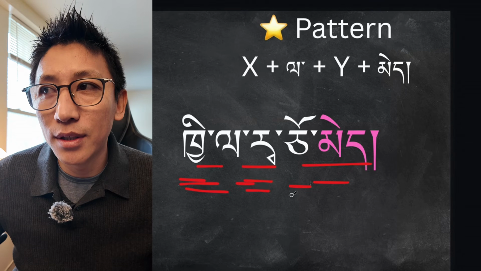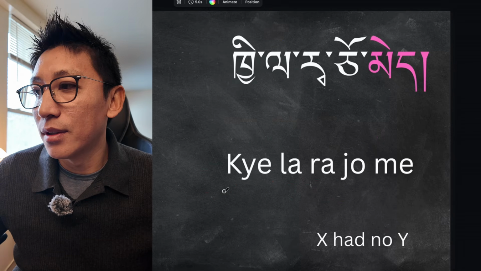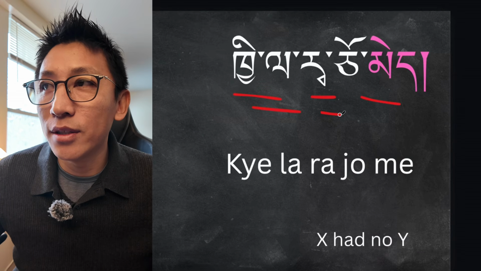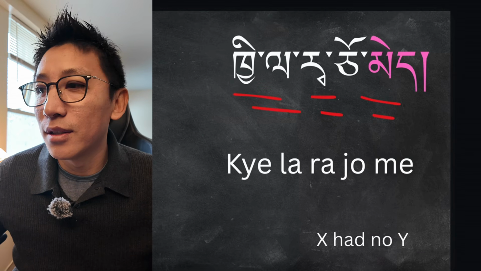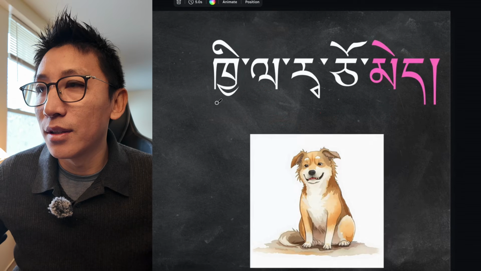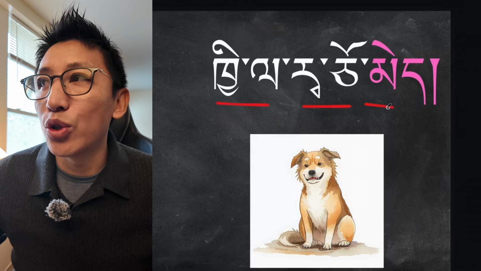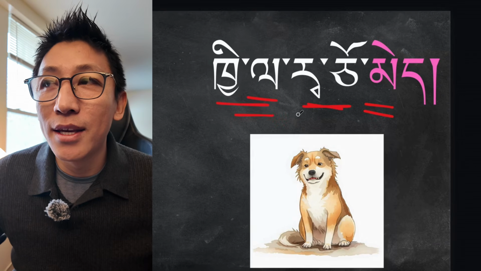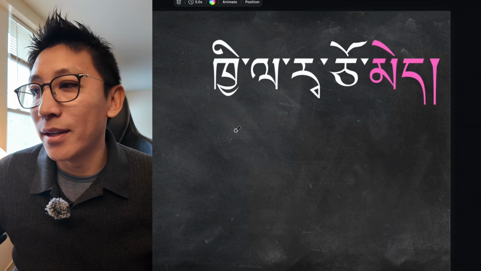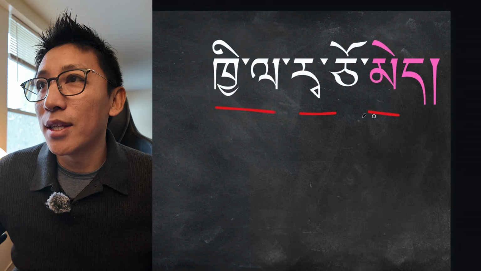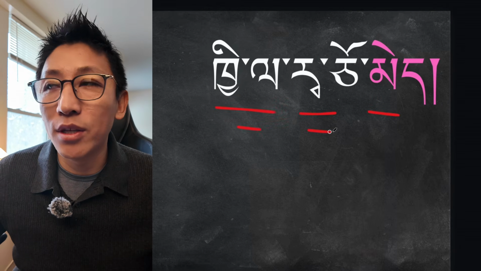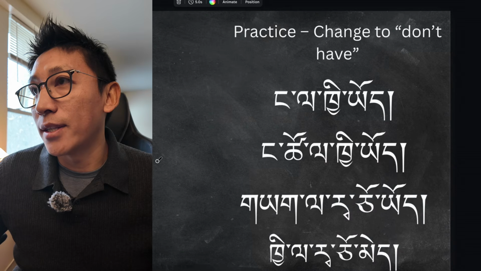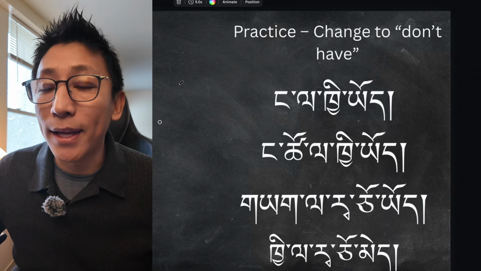Now it's your turn. Nice. So we use "yu" and "me" in sentence structure.